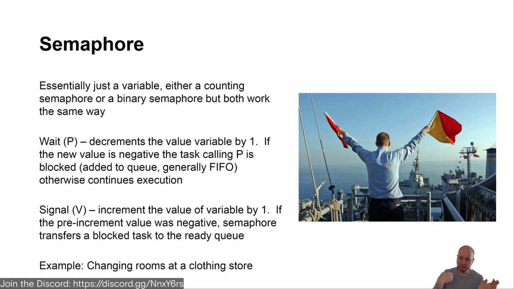When one leaves, it's like signaling the semaphore, another one will go in, and so on. If you have 4 changing rooms, that's like a semaphore of 4. So if 10 people show up, then the first 4 people get to the changing rooms, and as they pop out, they will then signal different ones to go in. And so that's the general idea here.